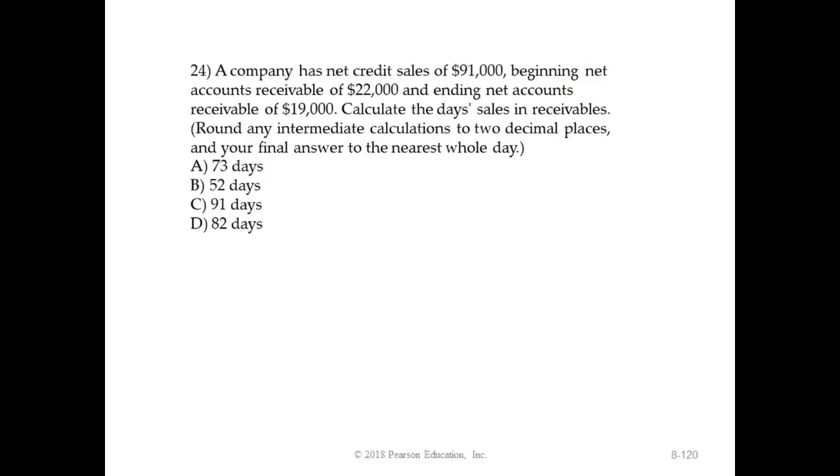So in this case, a company has net credit sales of $91,000, beginning net accounts receivable of 22, and an ending AR of 19. Calculate the days sales in receivables. So here I'm going to have to figure out my receivable turnover ratio, and then take that turn ratio and figure out my days sales.